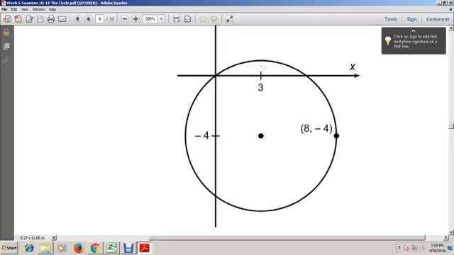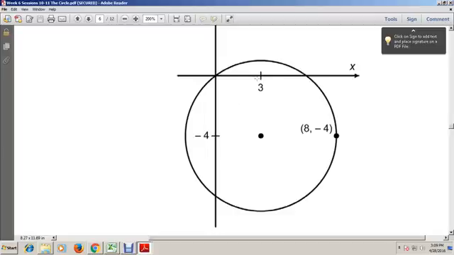Okay, so this point here has x equal to 3, and having this as 5 units, this would be 4 units plus 1 unit. This becomes 1, so this point is (3, positive 1). And finally, this point has y equal to negative 4, whereas the x component would be, this is 3 units.